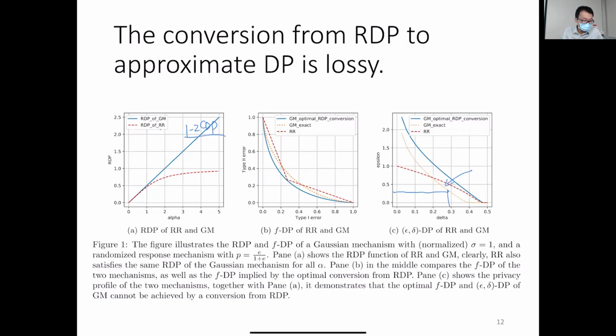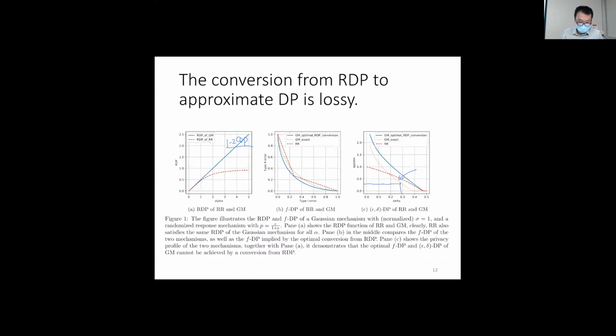So in some sense, even though randomized response dominates the Gaussian mechanism, or is more private than the Gaussian mechanism for all parameters in Renyi DP, there isn't the same partial order that can be defined for these mechanisms with the same parameters in epsilon-delta DP, and the best conversion that you can hope for from RDP to DP must be above. Wait, what's the?